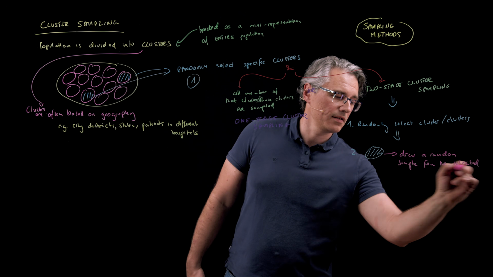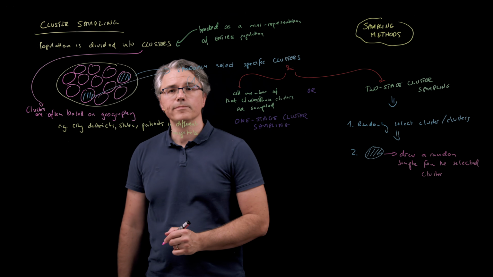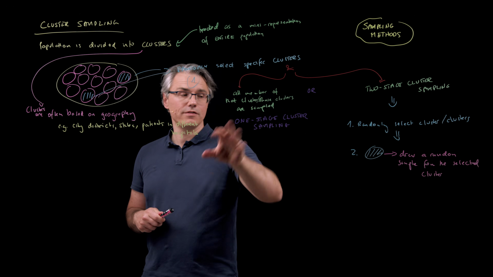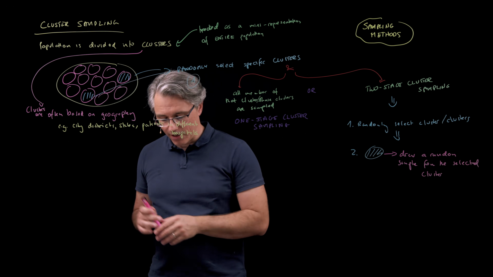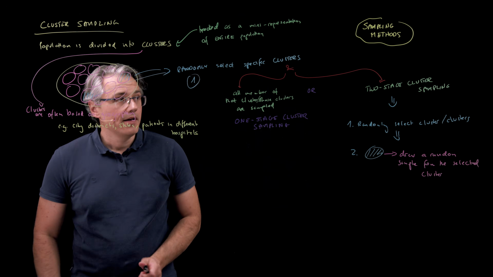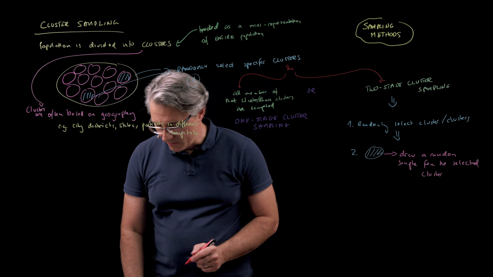The difference being you'll include all the members of that cluster in your measurements over here, whereas here you'll still take a sample from that randomly selected cluster in the first place. Okay, it's an additional method that you should know about.